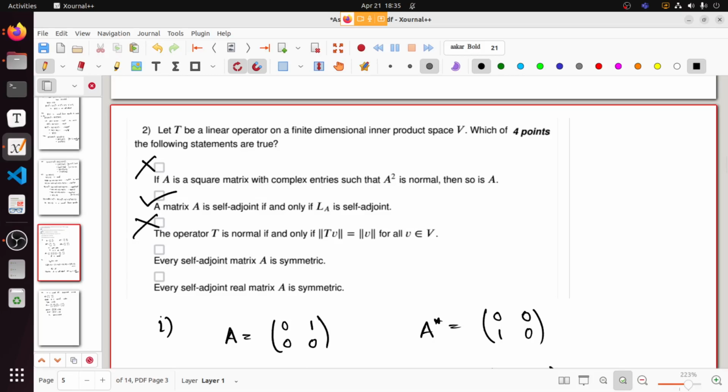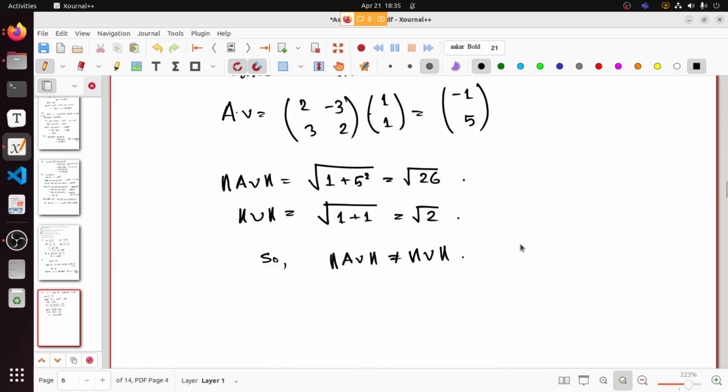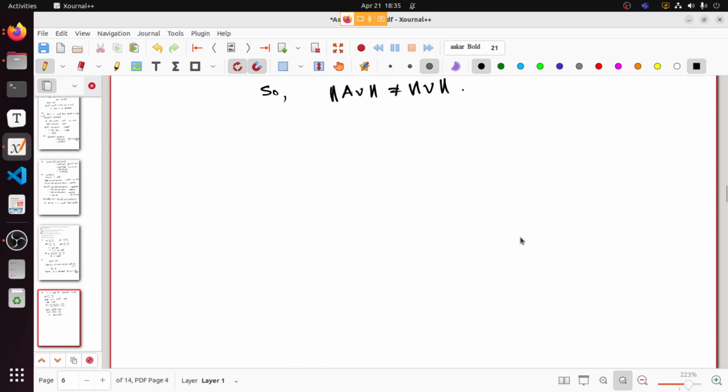Now what is option number 4? It's saying that every self-adjoint matrix A is symmetric. So is this true? Let A be self-adjoint. Self-adjoint means A equals A star, its conjugate transpose.